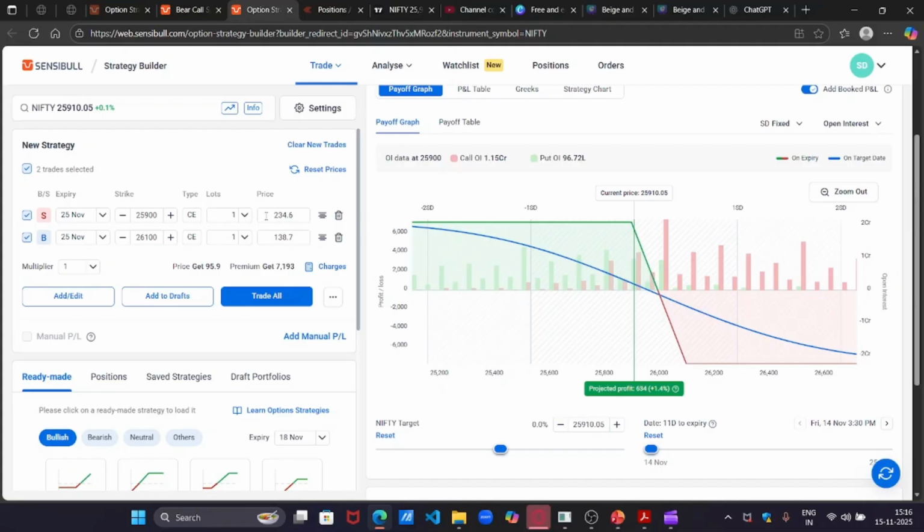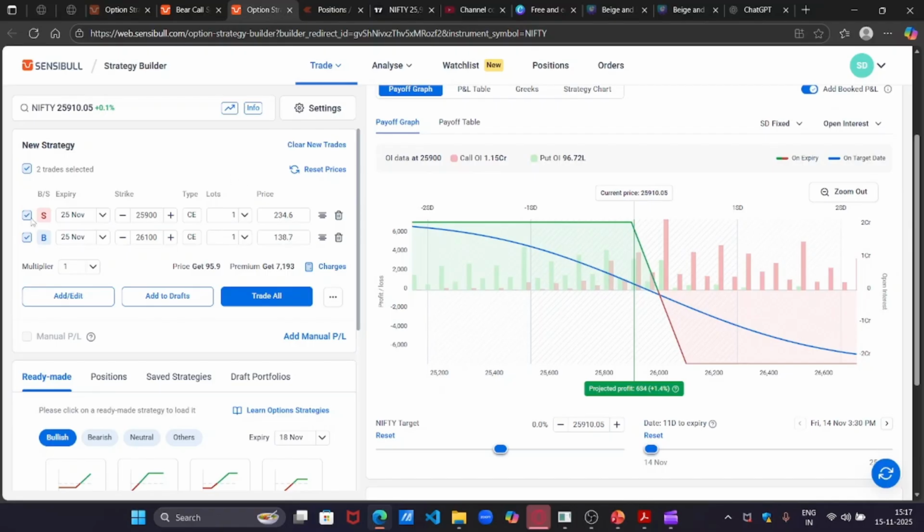The premium which we are selling is 234, the premium which we are buying is 138, and if you calculate how much we are getting from it, it is 234 minus 138, around 96.